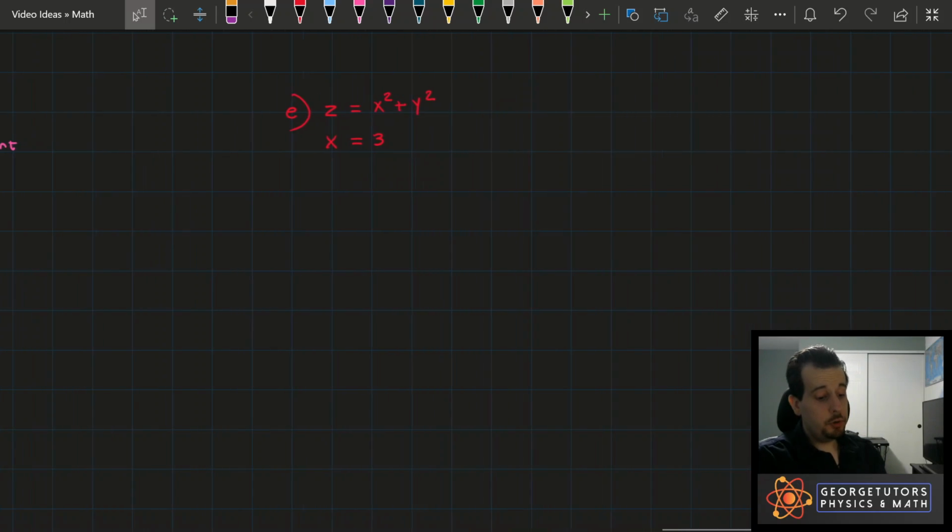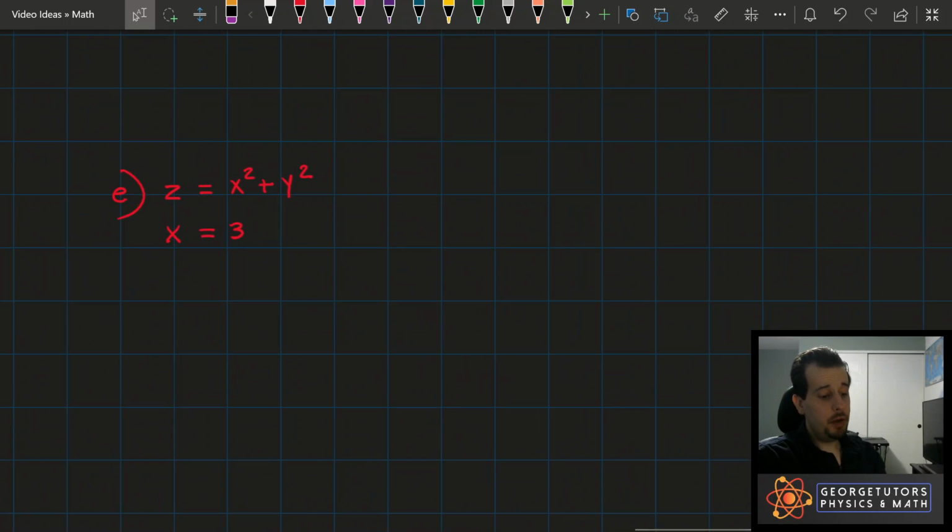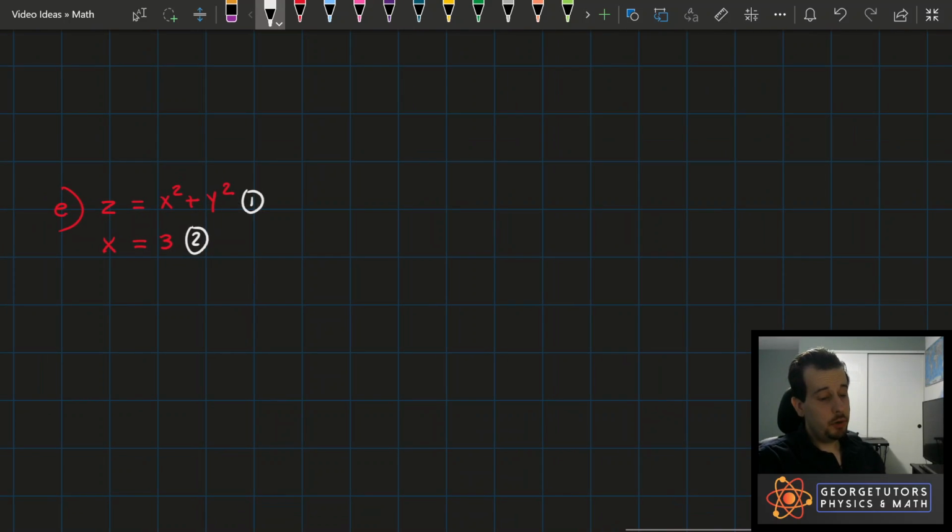So the last one over here is a paraboloid, equation 1, and another little plane intersecting. What I can do for those is kill a dependency on the top equation. One way I can do that is plugging 2 into 1, and that way I can get 3 squared plus y squared.